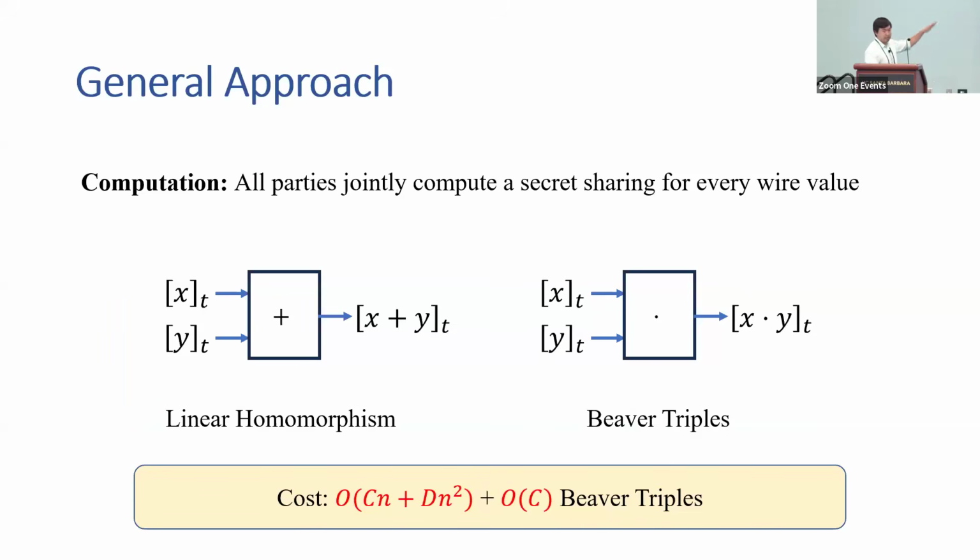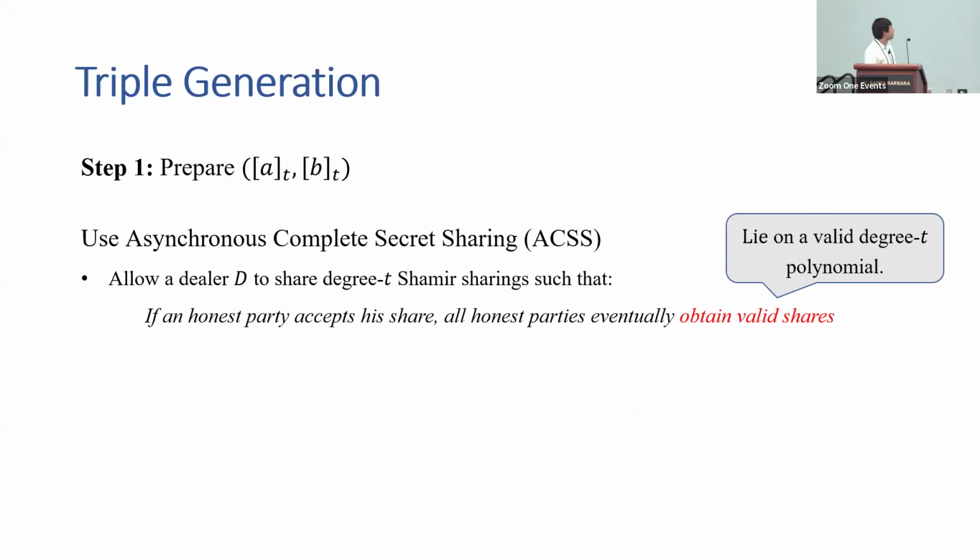So the cost of this approach is essentially a linear cost plus whatever it takes to generate the Beaver triples, right? So the focus is, of course, on whether we can generate Beaver triples efficiently. So this consists of 2 steps. First, we need to generate A and B and then C, right? So to generate A and B, we will need to use asynchronous complete secret sharing. This is what Xiaoyu will present in the second part of the talk.